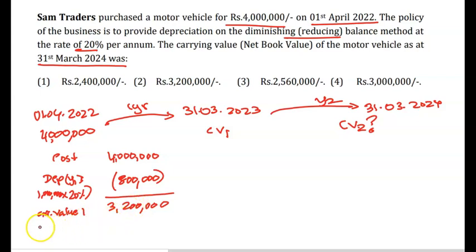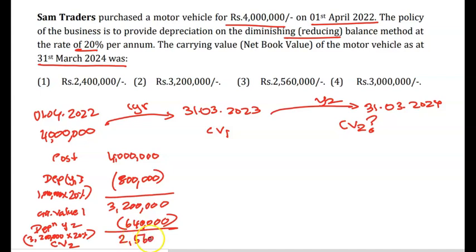From that, you have to calculate again the depreciation for the year 2, which is 3.2 million into 20%, which will be 640,000. You minus that, then you will get the carrying value 2 for the second year, which is 2,560,000. Right? So this is the answer. Answer will be number 3.